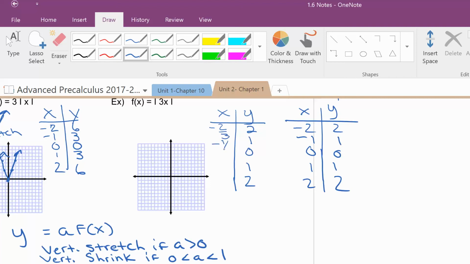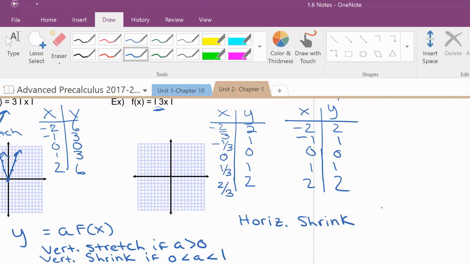Here I'd have to put in negative 1/3. Here 0, here 1/3, and here 2/3. Because when I multiply 3 times negative 2/3, I get negative 2, take the absolute value, and I get 2. So any number in here that is bigger than 1 is going to give me a horizontal shrink.